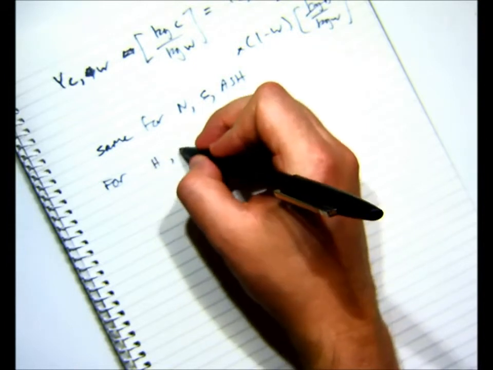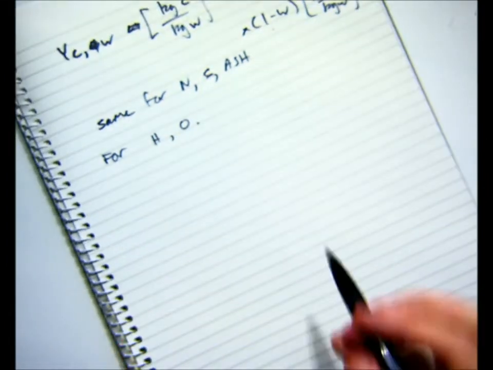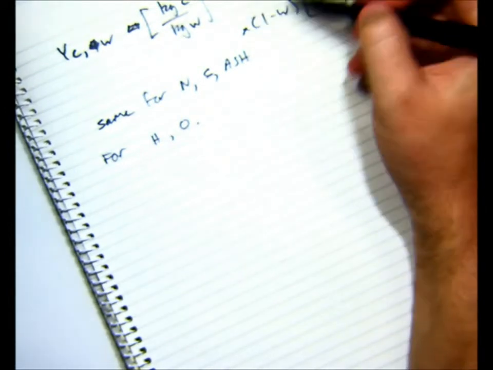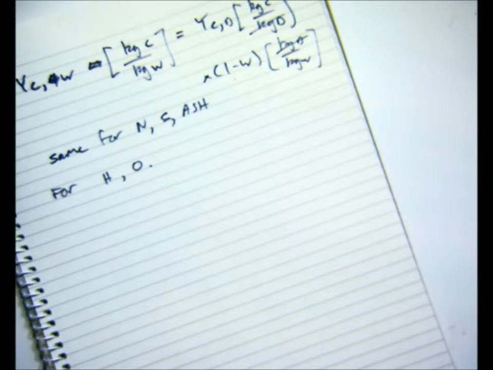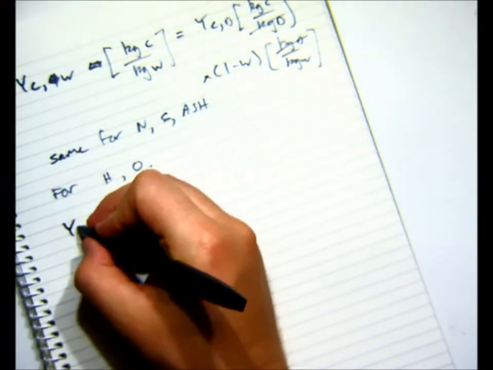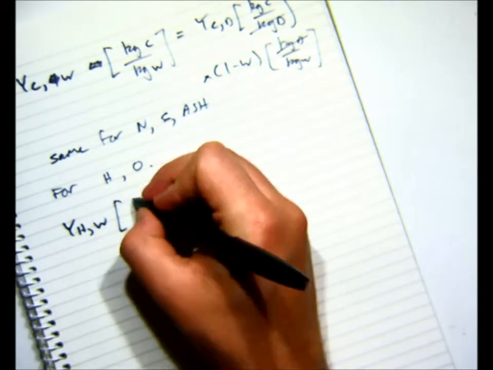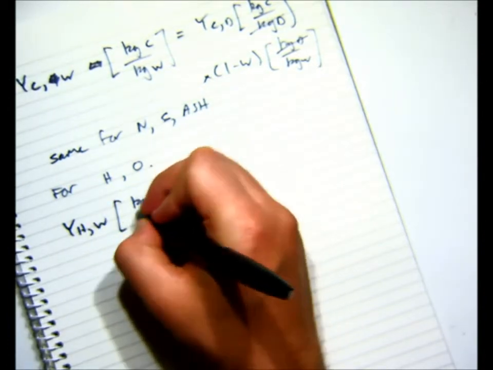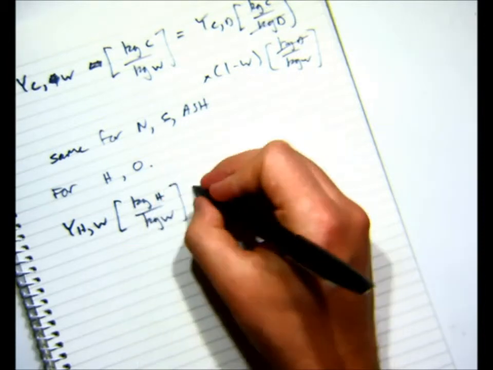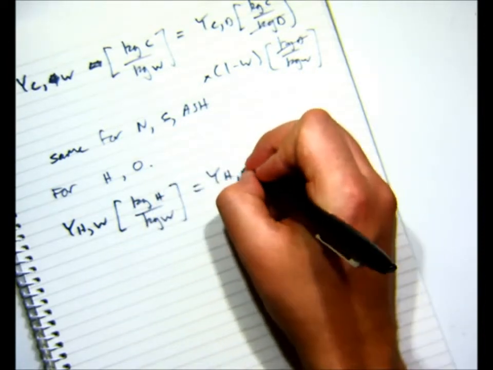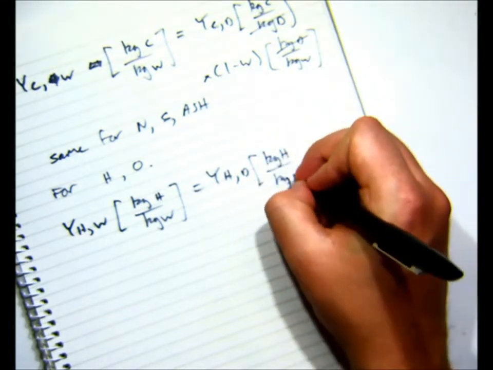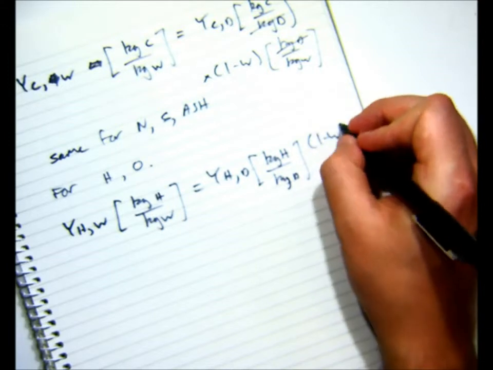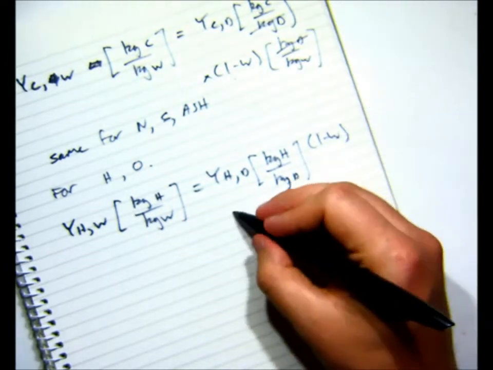For H and O, it's a little bit different. There is the dry wood component, which will look the same as the other species, but there's also going to be some component from the water. So if we write YH wet, which is the amount of hydrogen in the wet wood, it will be the amount of hydrogen in the dry wood times the amount of dry wood in the wet wood, which is the same as before.